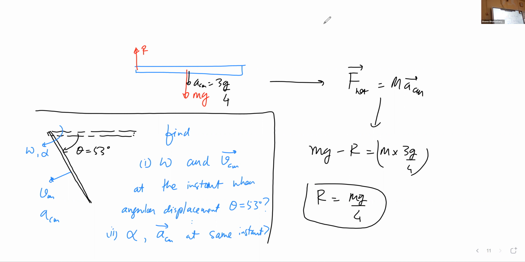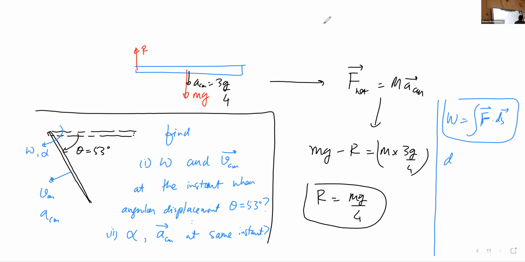It's like this, na? In work done, when we consider integration F dot ds, you can just make an additional note of this point here. This ds is the differential displacement of the point of application of the force.